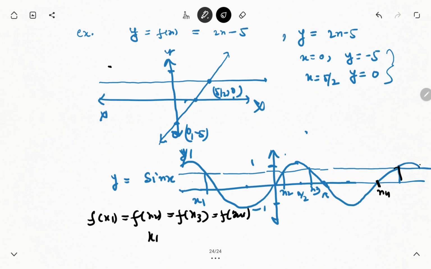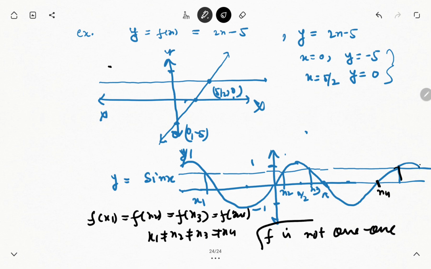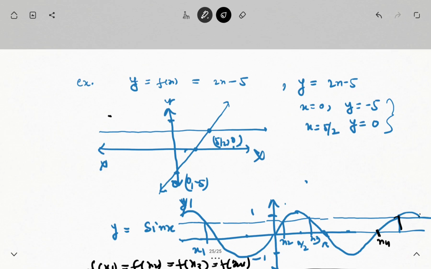But here x1 is different from x2, is different from x3, is different from x4. These are not equal points, because it is an x-axis, it is varying. So this function f is not 1-1, right? That's a very, very good example. This is not 1-1.